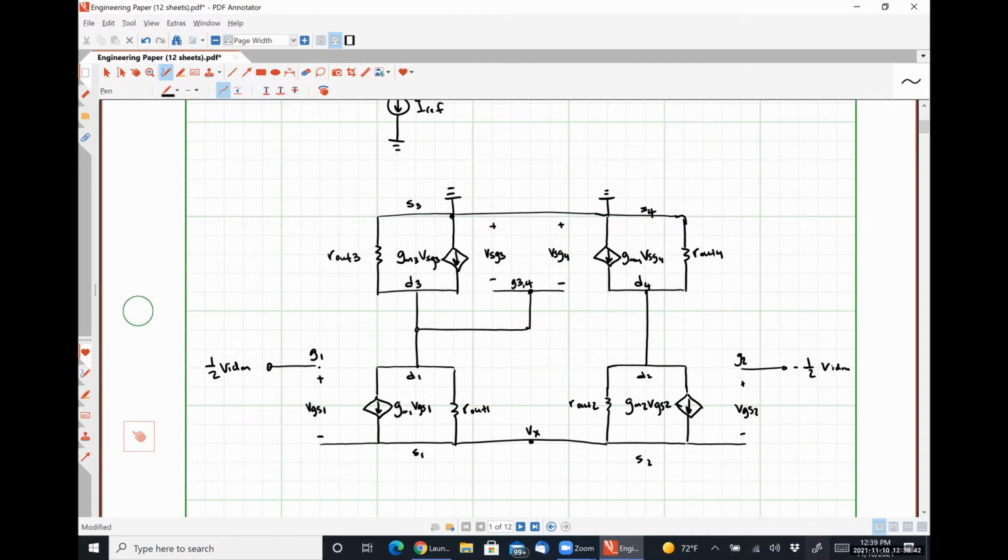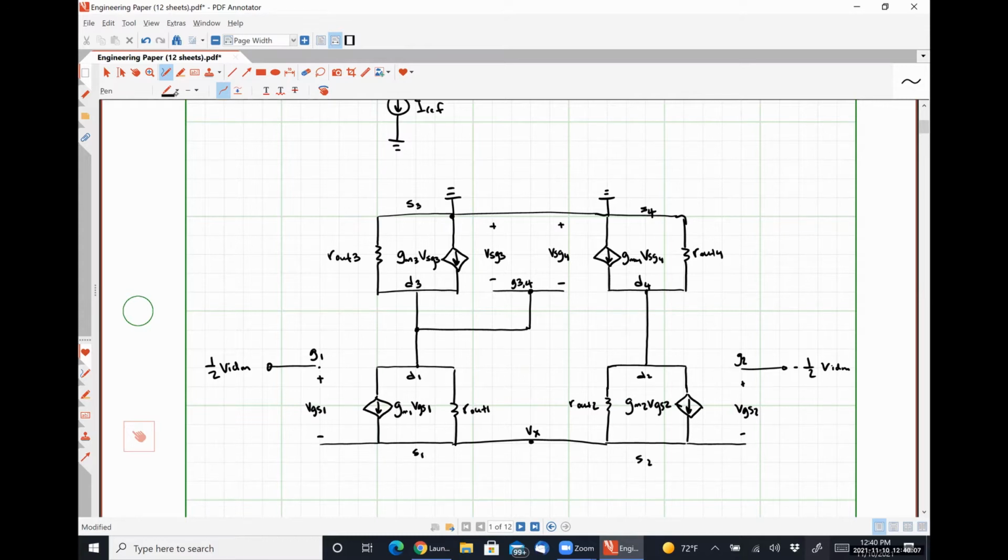So I would argue that while the circuit isn't perfectly symmetrical, it's pretty darn close because we've just tied that gate to a node. It's the only difference there, right? So Vx isn't going to be exactly 0. It's just going to be close to 0 because we're close to symmetrical, all right?